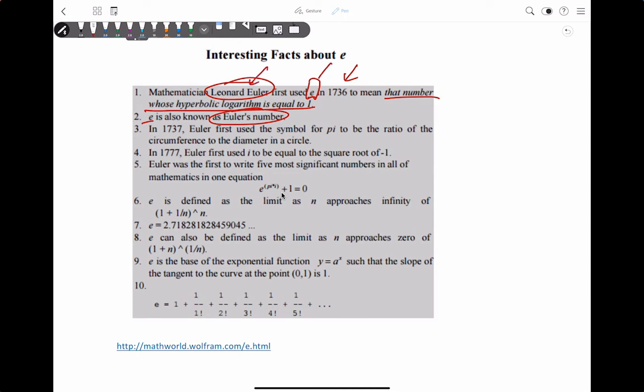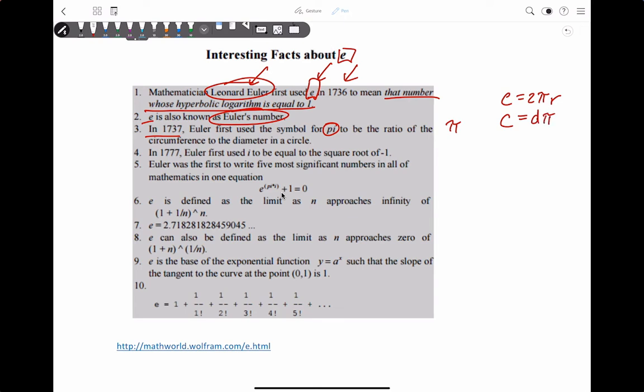That's why the symbol e, the constant e, is written like that, kind of similar to pi. In 1737, Euler first used the symbol pi to be the ratio of the circumference to the diameter in a circle. We know that the circumference is 2 pi r, which is the same as 2 radii multiplied together, a diameter.